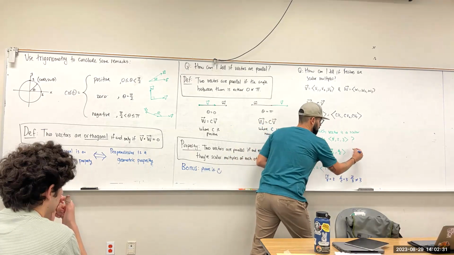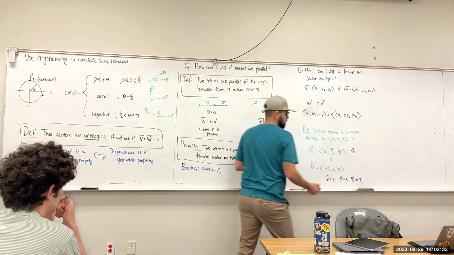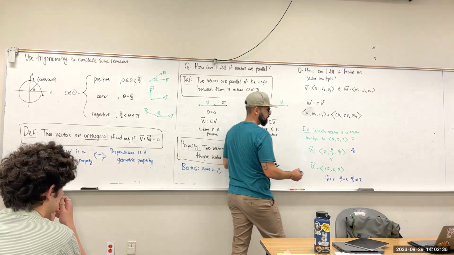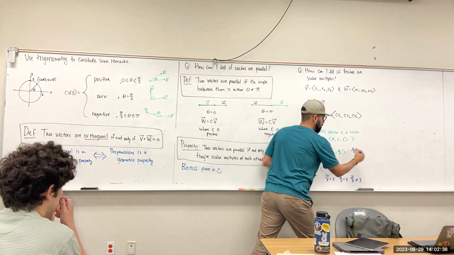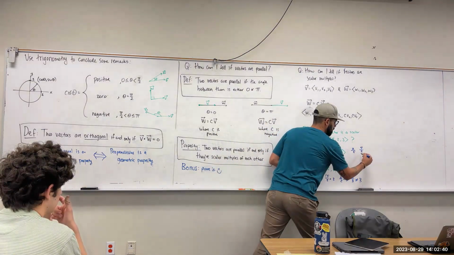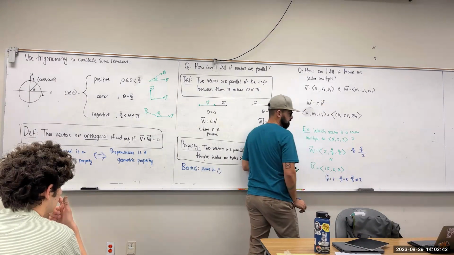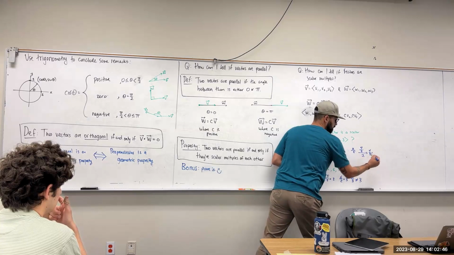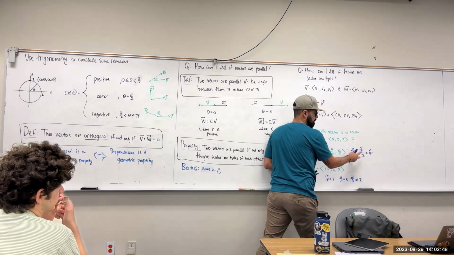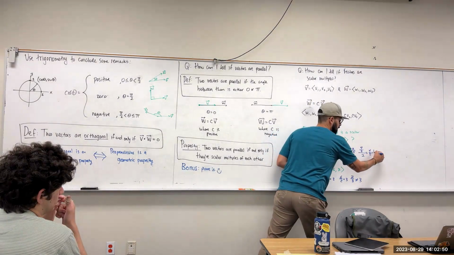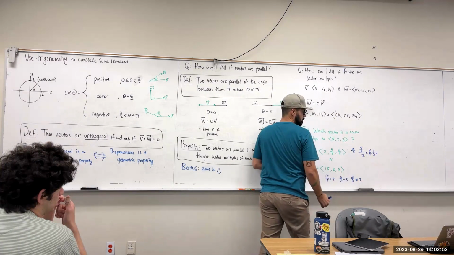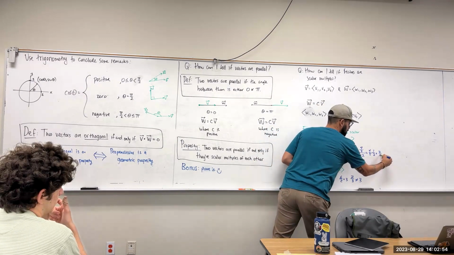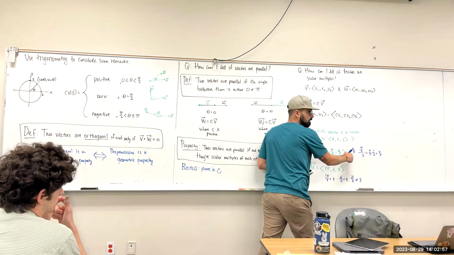Okay. But now let's try this one. So I got 2 divided by 5 is just 2/5. But let's do 4/5 divided by 2. That's really 4/5 times 1/2, which is equal to 2/5. So that's matching so far, right?